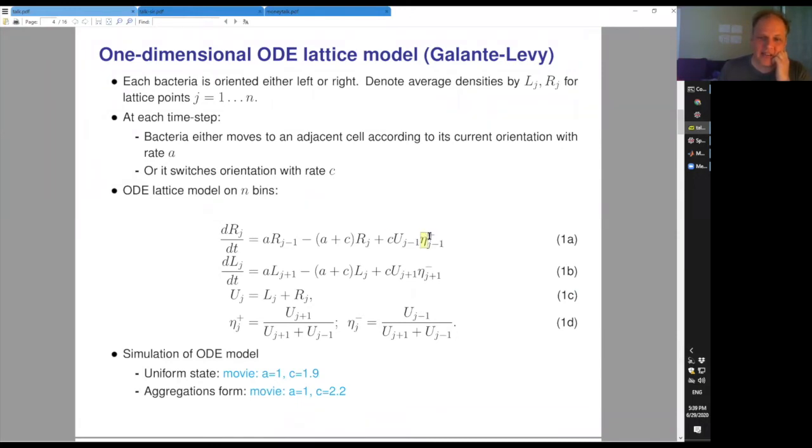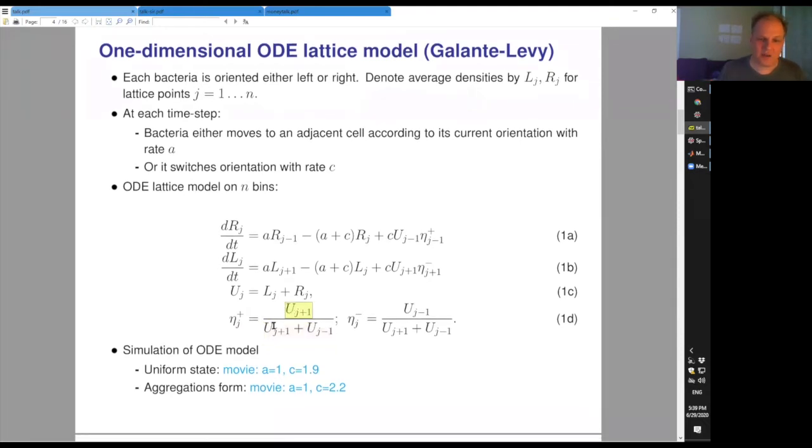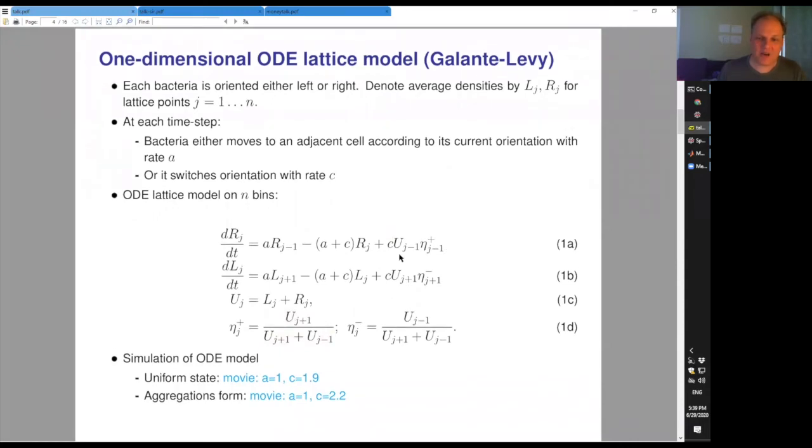This eta plus here is the proportion of the bacteria to the right of the given cell J. At the bottom, you have the total number of bacteria to the left and to the right, and on top, you have the bacteria to the right of the cell J. So what happens here is that with some rate C, the bacteria in the cell J minus 1 will switch their orientation when they pick at random a bacterium to the right and move to the right.